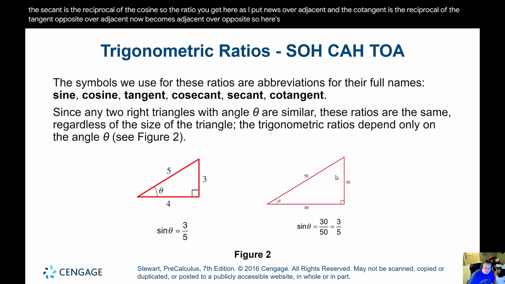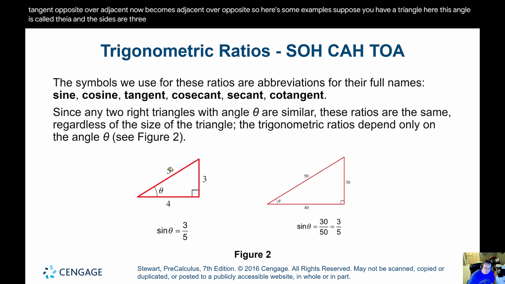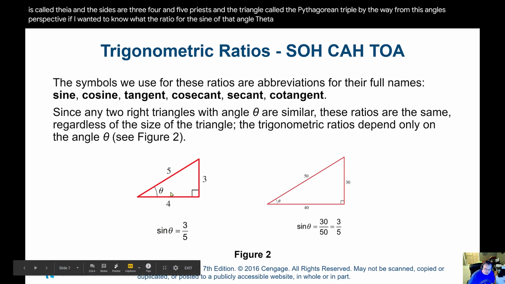So here's some examples. Suppose you have a triangle here. This angle's called theta, and the sides are 3, 4, and 5. Pretty standard triangle, called the Pythagorean triple, by the way. From this angle's perspective, if I wanted to know what the ratio for the sine of that angle theta is, I would realise it's opposite over hypotenuse.